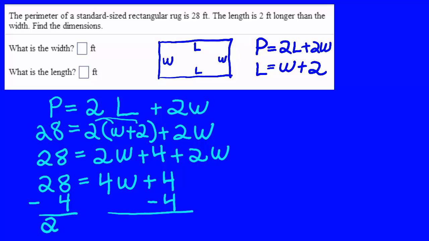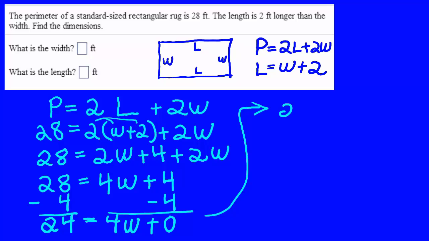That will give me 24 on the left and 4W plus 0 on the right. So now we've got 24 equals 4W. One constant term equals one variable term.